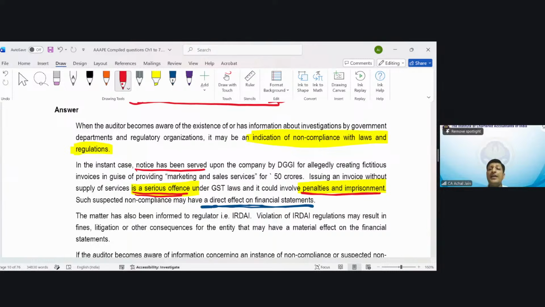Violation of AAI regulations may result in fines, litigations, and other consequences for the entity that may have a material effect on the financial statements. Yes or no? So we are talking about violations of AAI regulations, which again is a serious offense. So these are all interlinked.